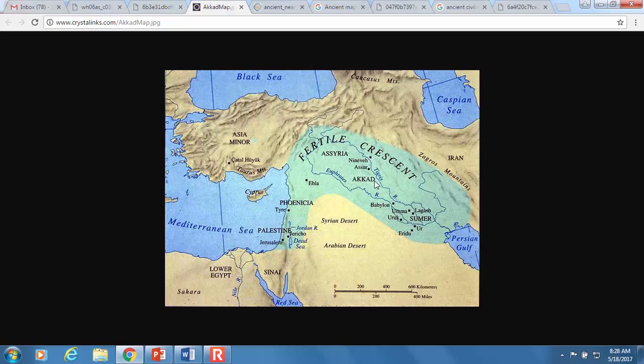Because it was exposed, because it was a flat area, it's thought that the Assyrians had to develop a very strong defense mechanism in order to protect themselves. And it's thought that they became so strong defensively that they were able to turn it around, use it offensively, and take that might and conquer others.